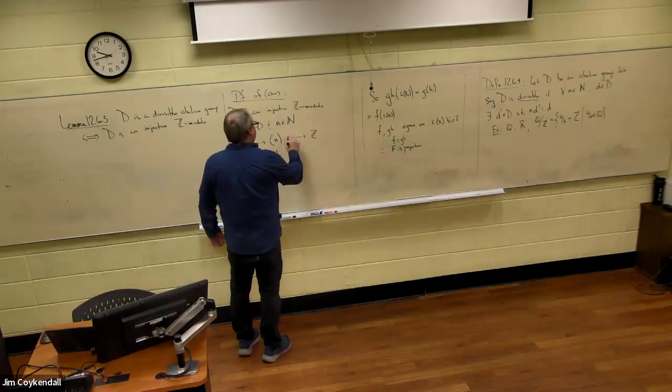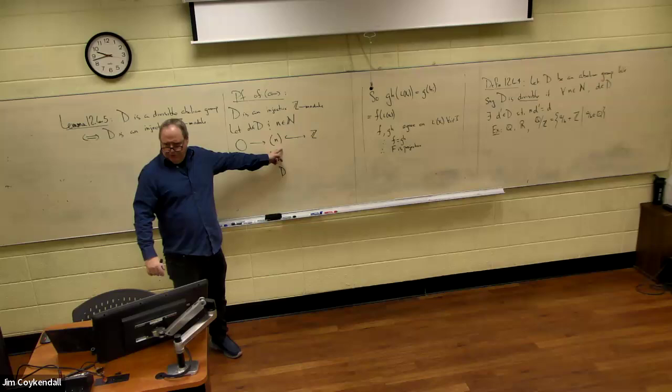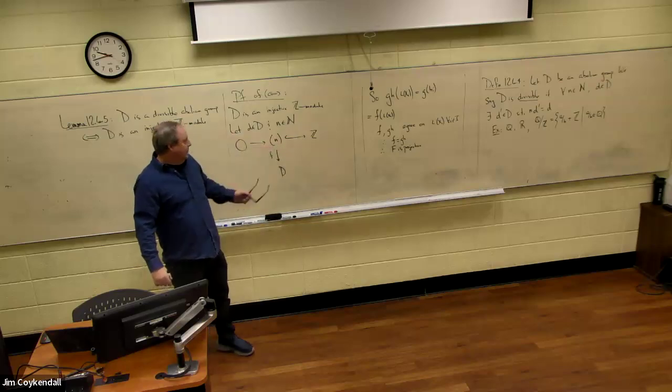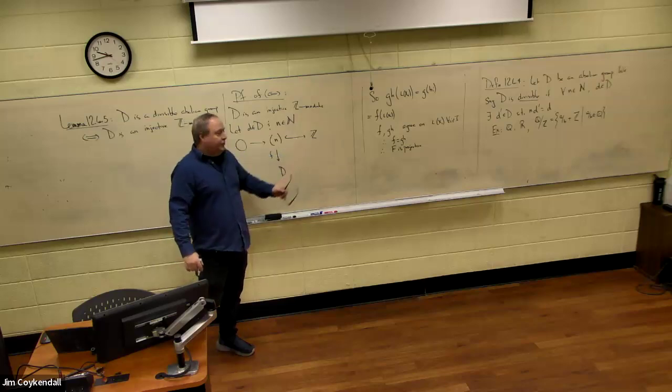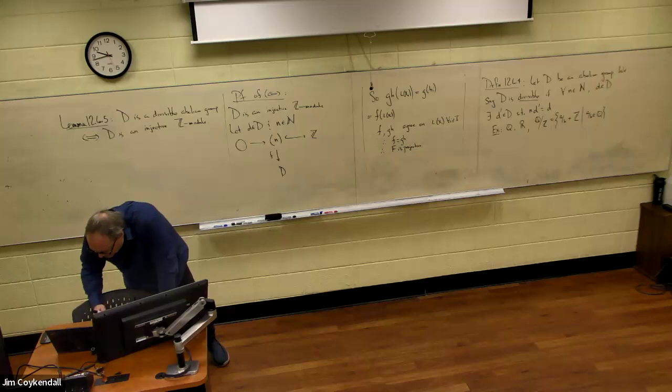So this is inclusion. Of course, what I mean by this is the ideal generated by N, or the submodule, if you will, generated by N. So this is NZ. This is inclusion here. And I guess I should probably talk about F a little bit.